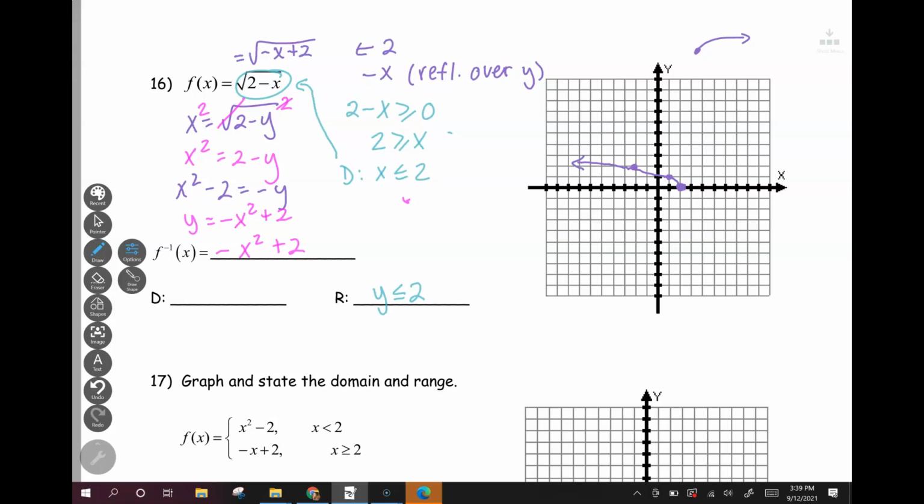And then my range for the original, I can tell by looking at the graph, is y is greater than or equal to 0. But I can also tell that by looking at the function, because the square root of any number is always going to give me a number greater than or equal to 0. It's always going to be positive. So I can get it that way as well. That means my domain for the inverse is x is greater than or equal to 0.